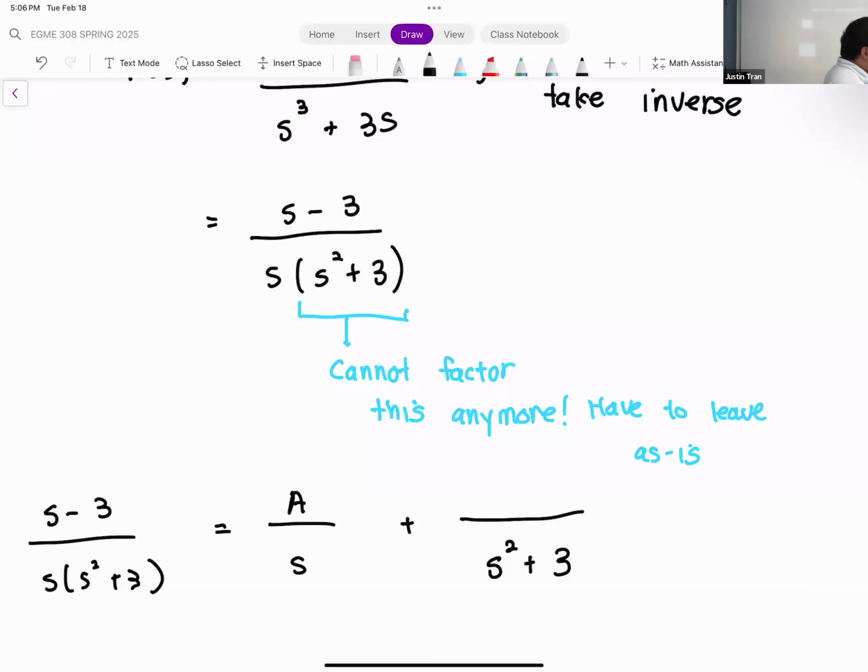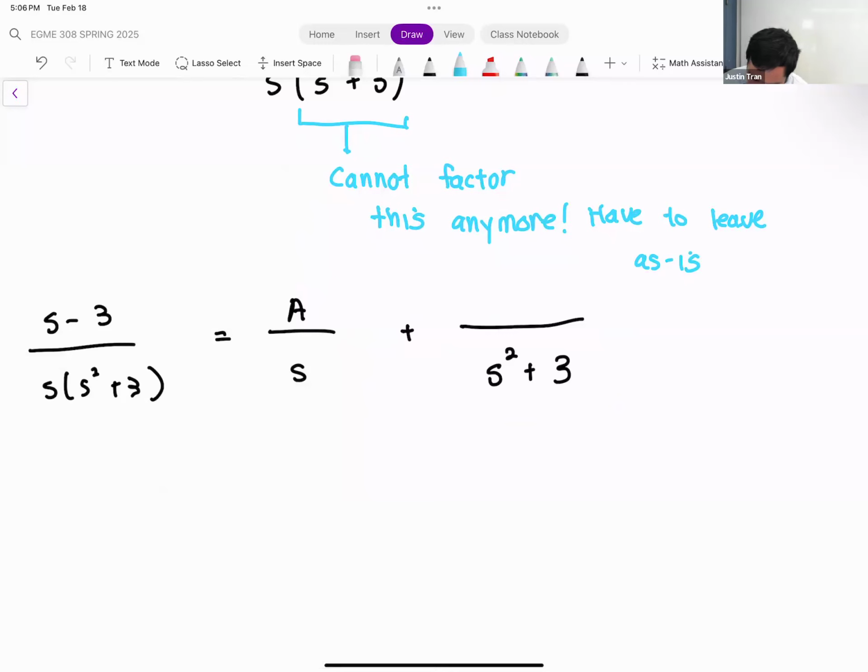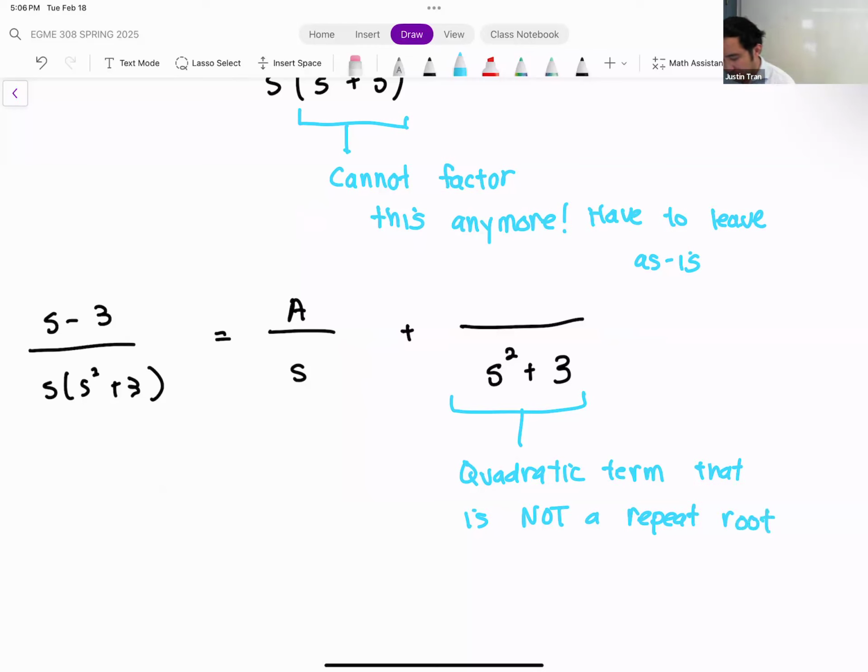Because this is a quadratic that's not a repeat root, it's not a repeat root like the last one.